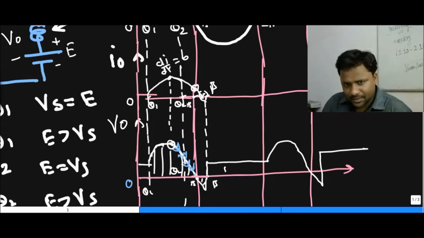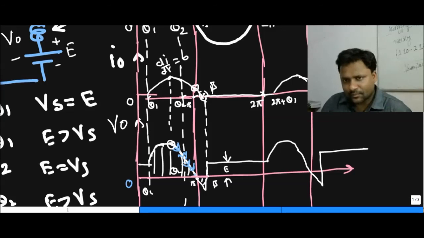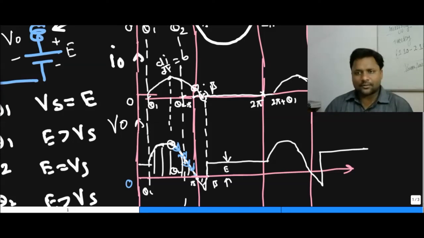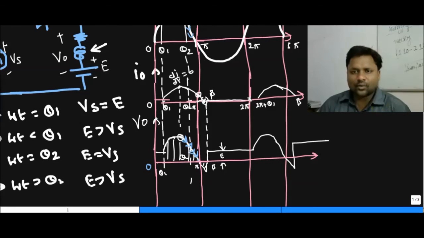It should be E. Current is 0 because the diode becomes off, and again the same principle is followed. This should be 2 pi, this is 2 pi plus theta 1, and this is beta. So this is the concept that we have learned for the RLE load.